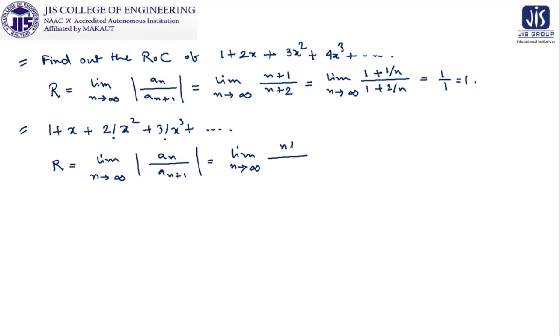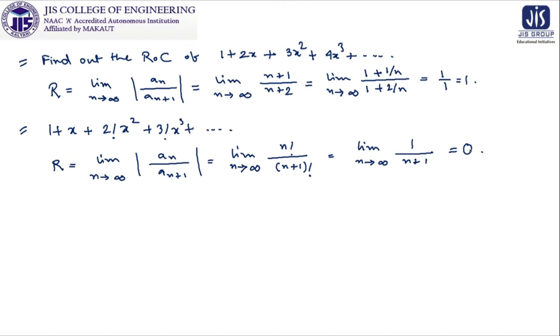Here our a n is n factorial and a n plus 1 is n plus 1 factorial. So in the next line, after simplifying these factorial expressions, we can write it as limit 1 by n plus 1, which is nothing but 0. So radius of convergence is 0.